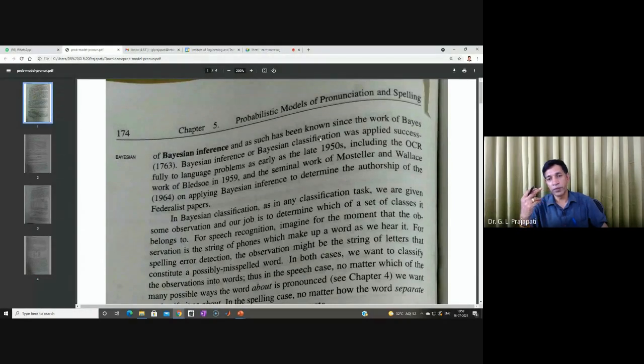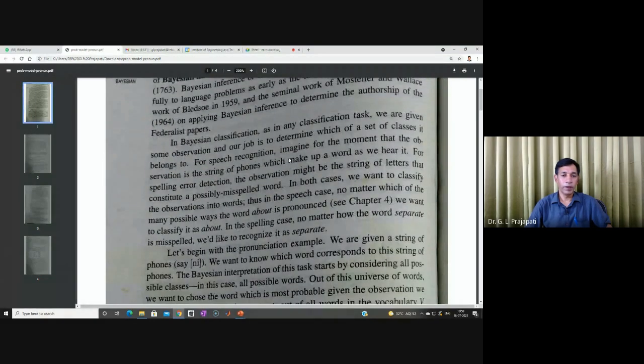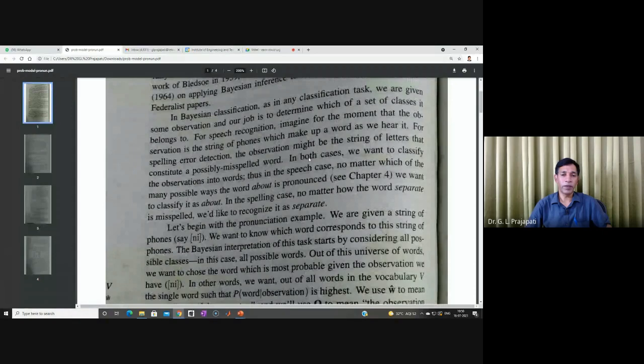Whenever you predict the most probable word, you can go for statistics and Bayesian inference. When you speak, you have a speech signal, and the way you speak is the pronunciation of the particular word.